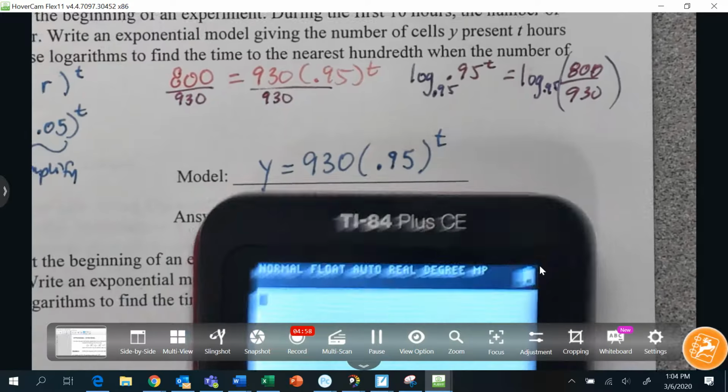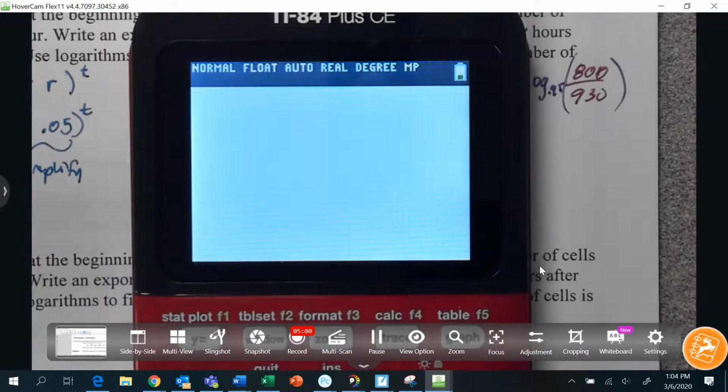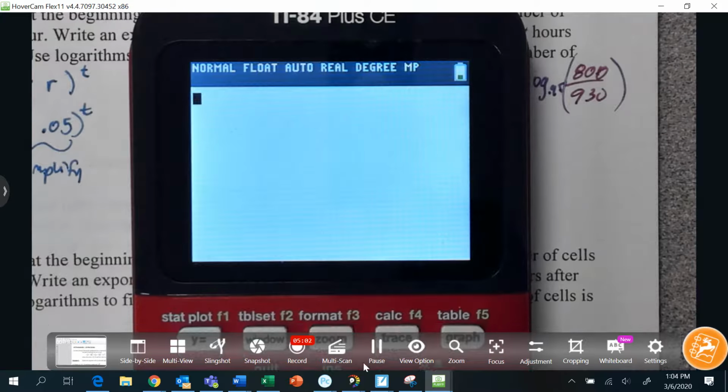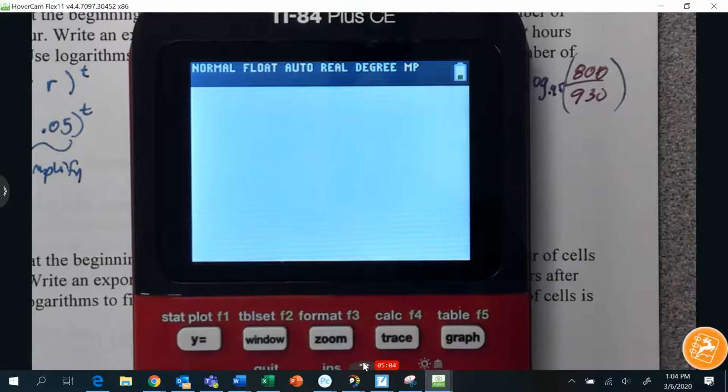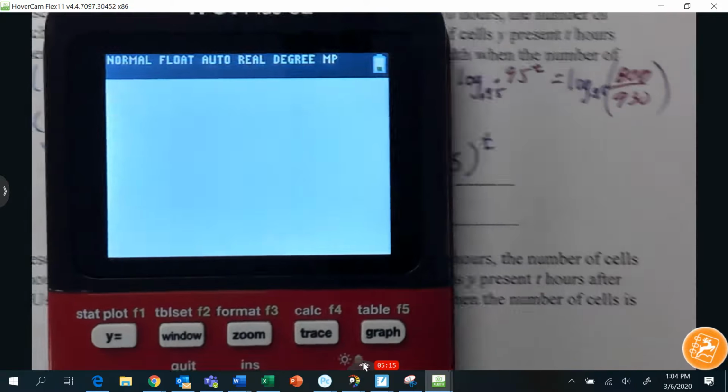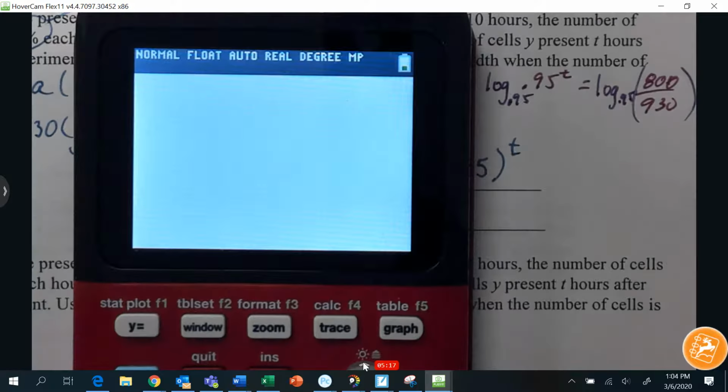If you do not have the newer calculators that you can just do log base in, like you can just go math A, I will type it in the way I would need to type it if I don't have the new calculator. So I would have to type in log, and then first I'd have to do 800 over 930.